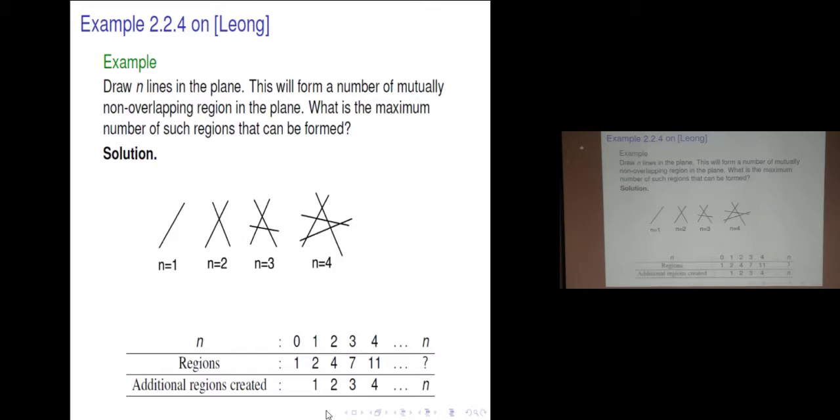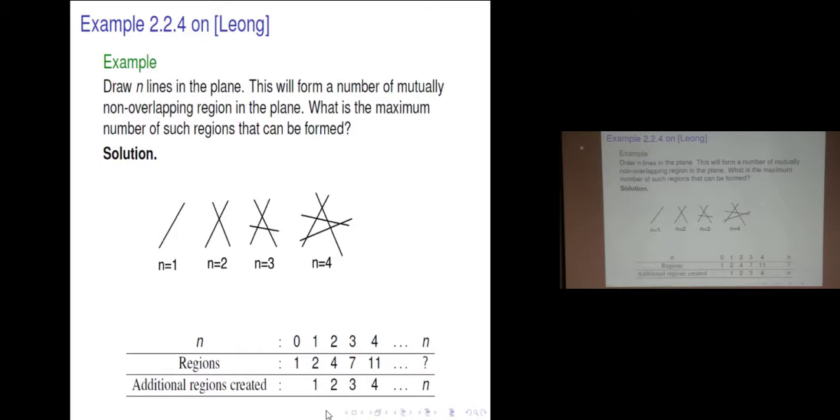Now, if you have 2 lines, this line will cross the first line. Originally you have 2 regions. When you do this, region 1 is split in half. Region 2 is also split in half. So you add 2 more regions, right? So if you draw 2 lines, you add 2 more regions.